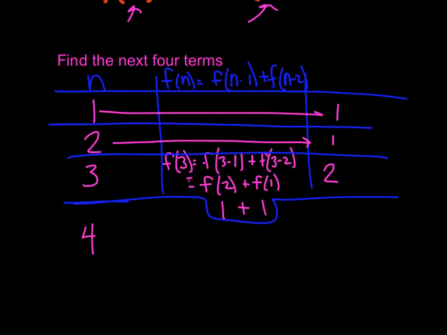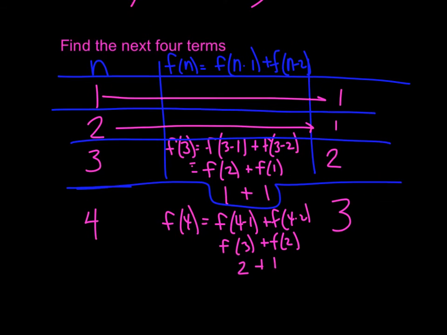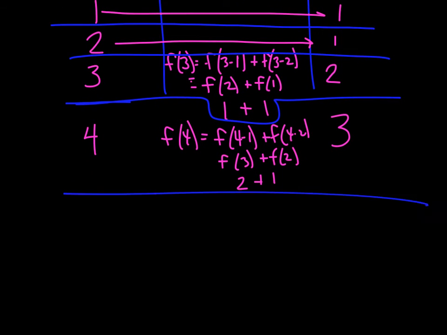If I plug in a 4, so I'm going to get f of 4 is equal to f of 4 minus 1 plus f of 4 minus 2. So that's f of 3 plus f of 2. So now I need the third term, which is a 2, plus f of 2, which is a 1, and I'll get an answer of 3. Okay, keep going here.